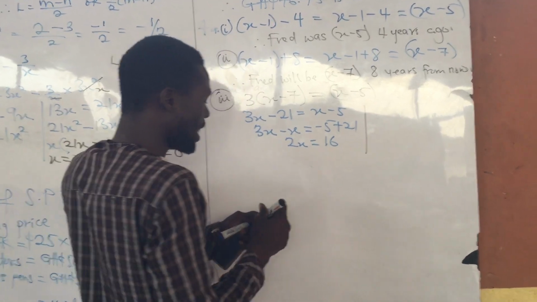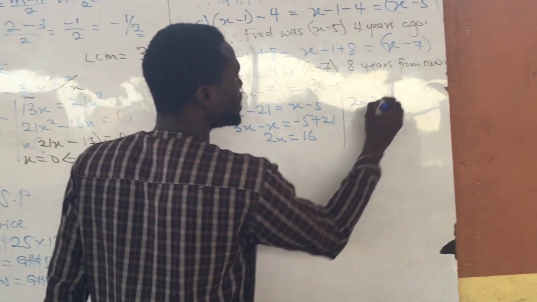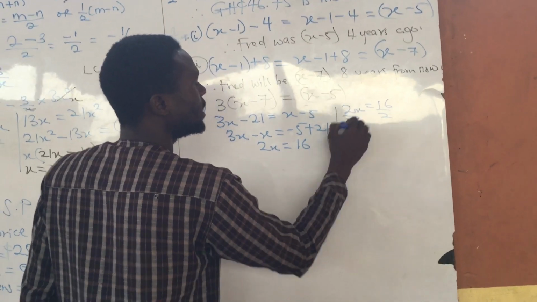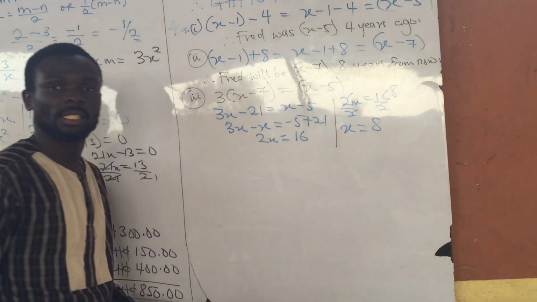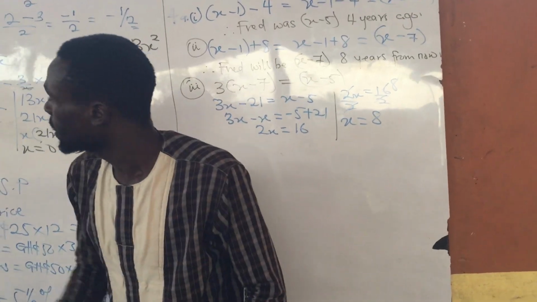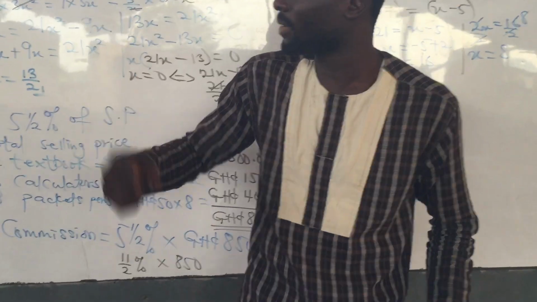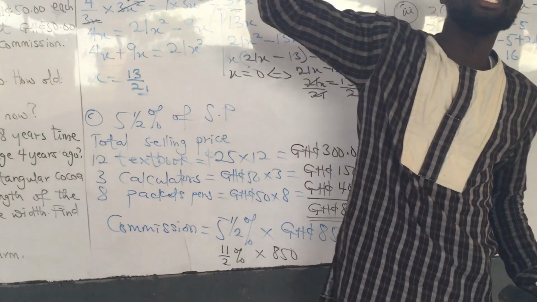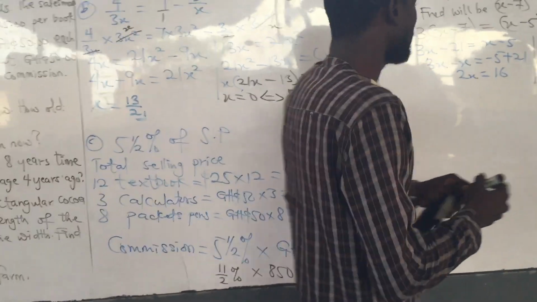So 2x is equal to 16, divided by 2, divided by 2. So x is equal to 8. So how old is Fred, if his age in 8 years time will be 3 times his age 4 years ago? Fred is going to be 8 years.